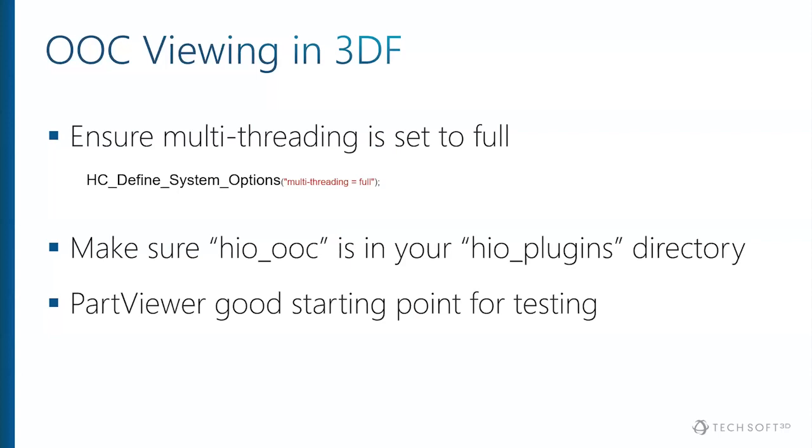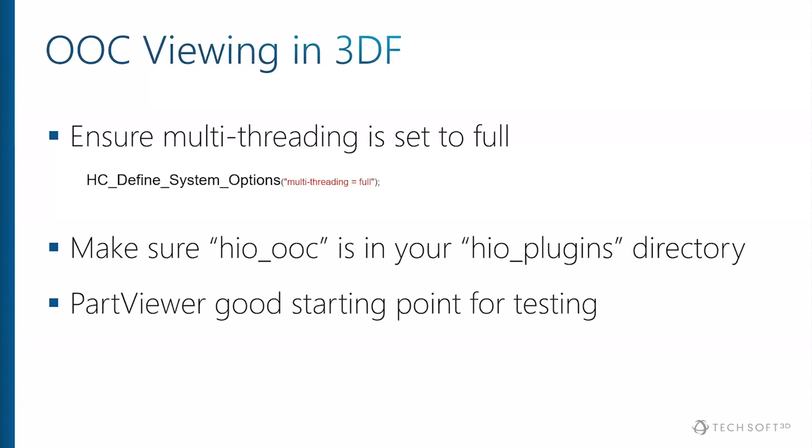Here, just for completeness' sake, I also describe how to view an OOC point cloud in 3DF. Most importantly, make sure that multi-threading is set to full, because as I said, it's a highly multi-threaded process going on behind the scenes when loading point cloud data. And then you have to make sure that the HIO module for OOC is in your binary directory as well, so it can find it, and then the rest is essentially automatic.